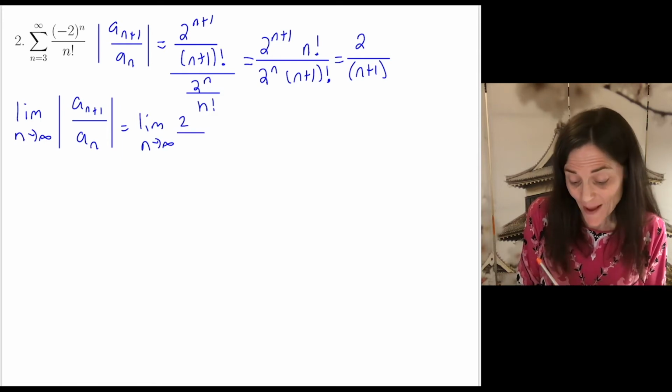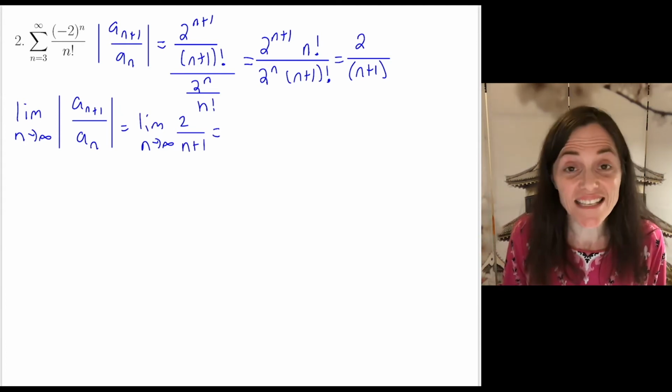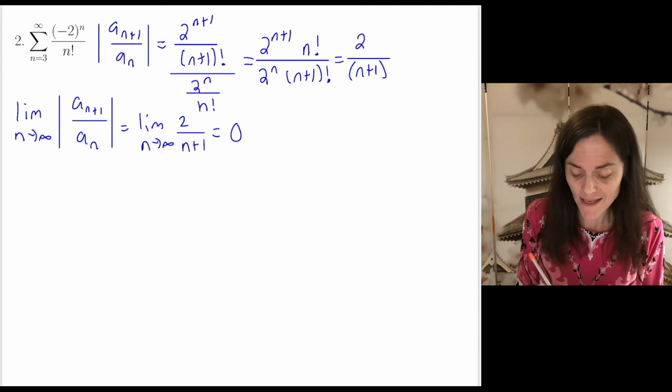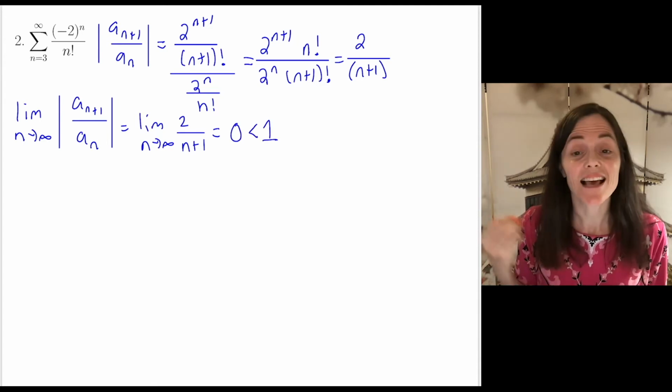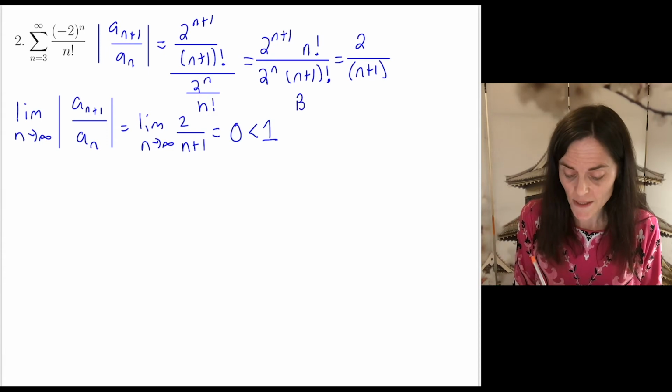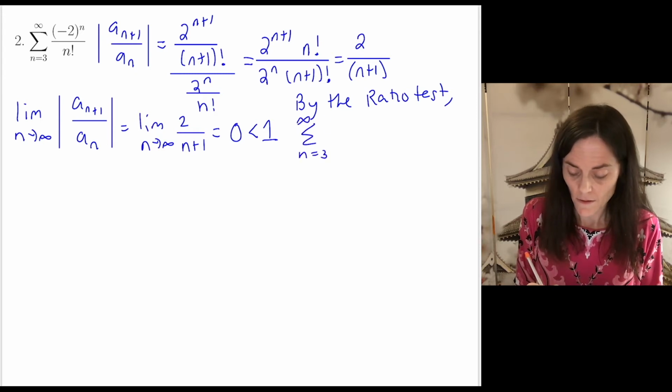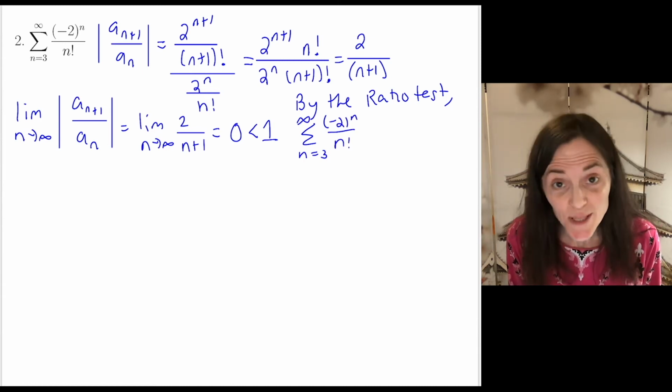And if you think about this, fixed numerator and the denominator is growing without bound, this limit is 0, which is less than 1 by the ratio test. This series converges absolutely.